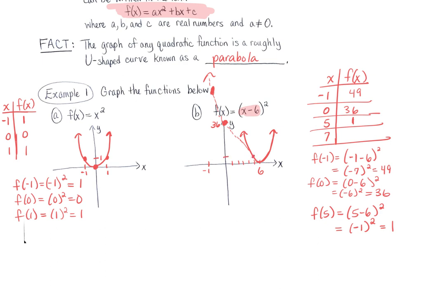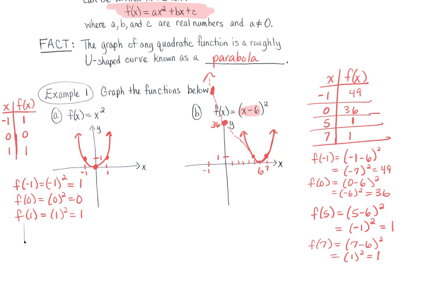And then whenever we have 7, notice that f of 7 is equal to the quantity 7 minus 6 squared. 7 minus 6 is 1. 1 squared is? Good. So 7, 1 is a point on the graph as well.